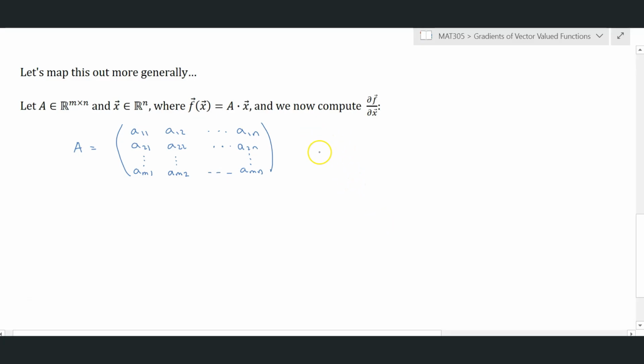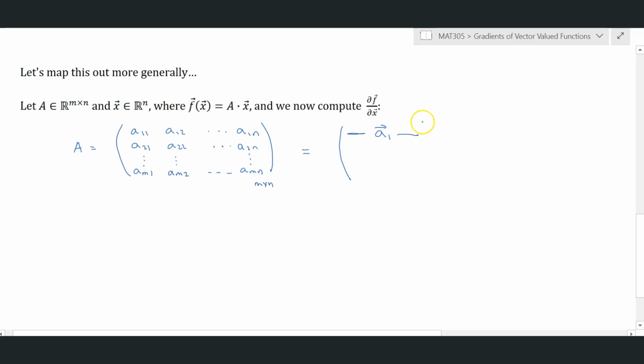Now that's the way I can write it. Another way that I could write A is in terms of just its rows. This is m by n. It has m rows and n columns. I could abbreviate this a little bit, and since the first index represents the row number, I will just do my row notation like above, and I'll call this whole row A1.